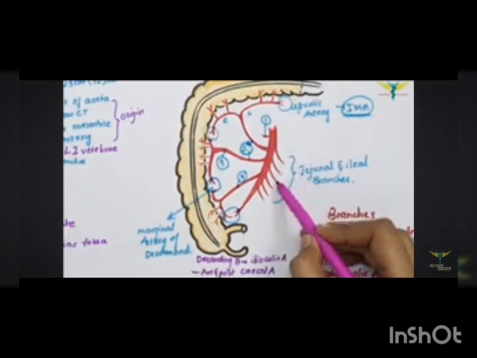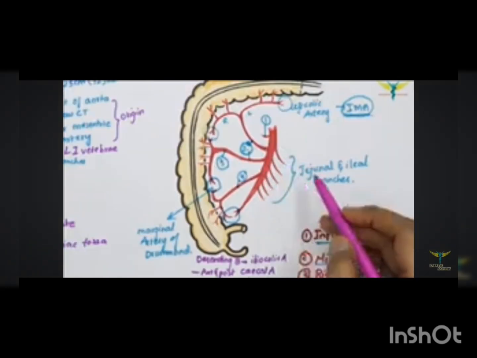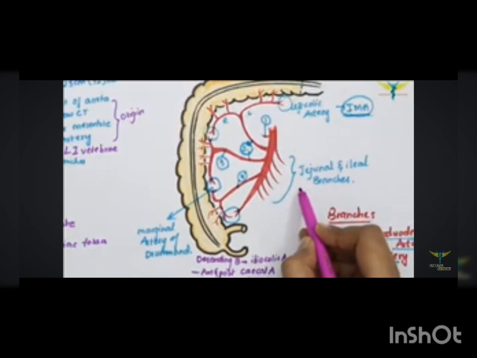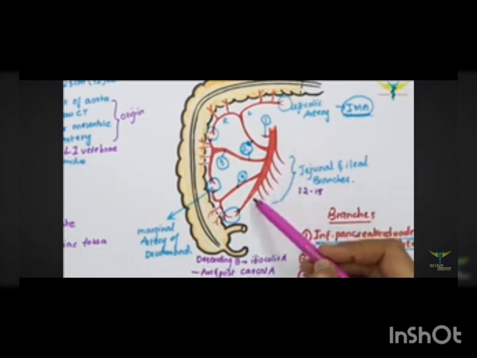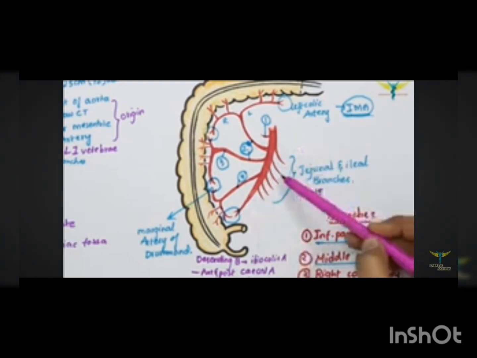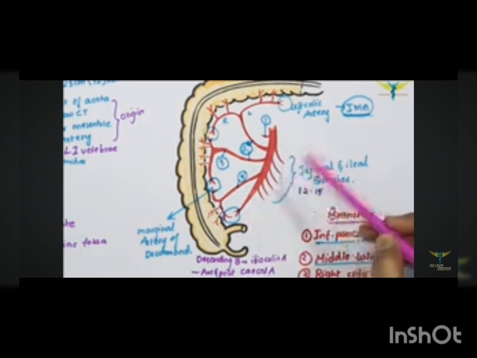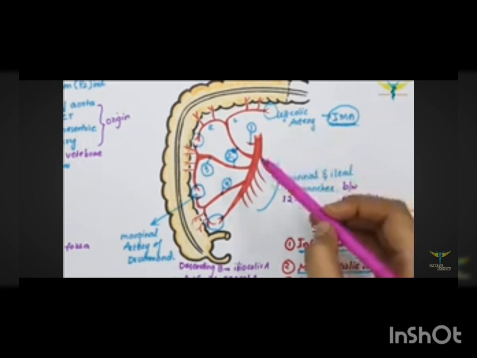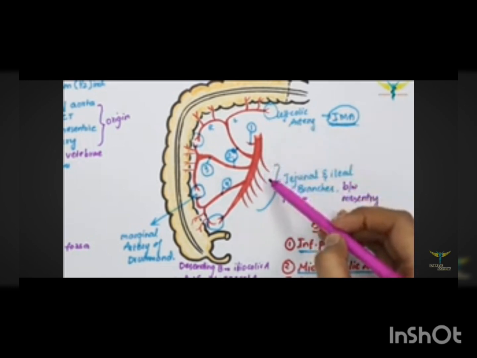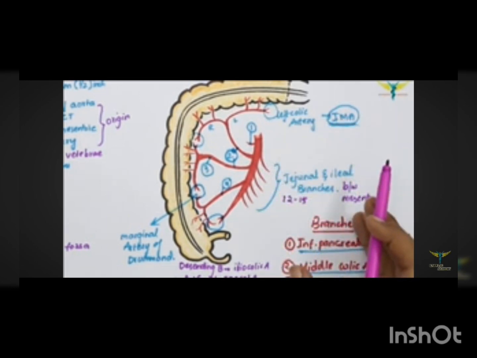And now coming to the last branch, that is the jejunal or ileal branch. These branches are about 12 to 15 in number, and they arise from the convex left side of the superior mesenteric artery. They pass between the two layers of the mesentery of the small intestine, and their branches anastomose with each other to form a series of arterial arcades.